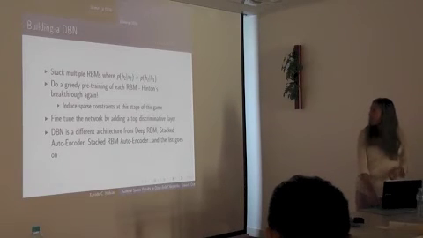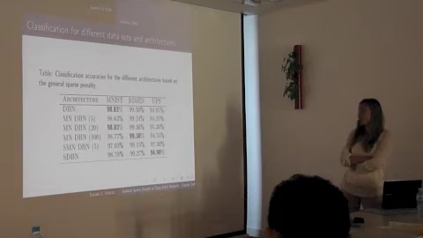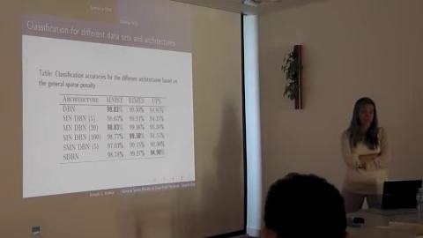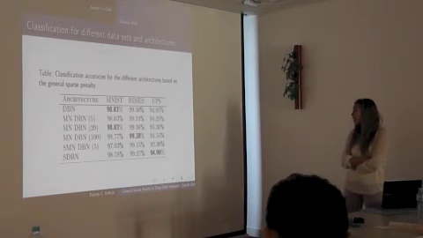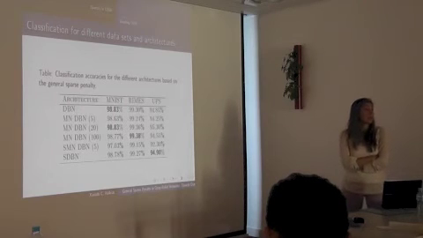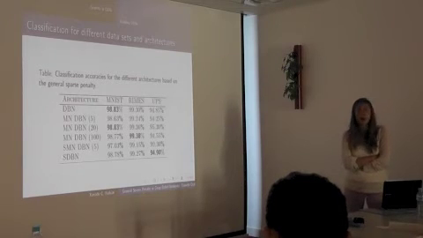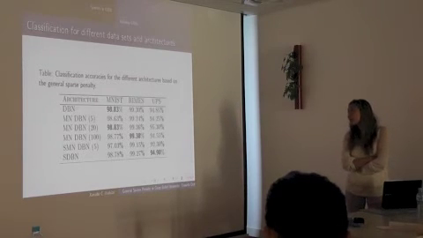So once you have the DBN, what we did is we tried the different architectures on 3 different data sets, the MNIST, the Rhymes data set, and the USPS, to see if we were going to get anything better than what we already have on digit recognition, which is with just a simple deep belief network. And it's hard to beat that.